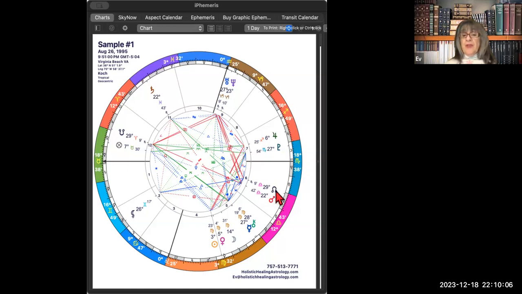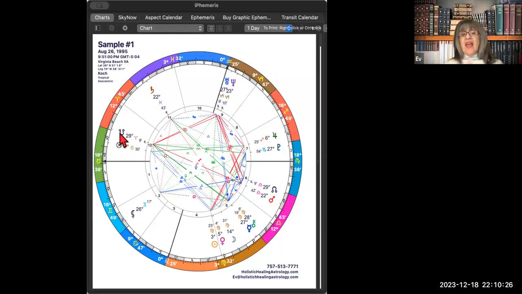This is the North Node, 29 degrees Libra, 9 minutes. It's retrograde. Most nodes are retrograde, by the way. And opposite of that, this has to do with your purpose in life. Why are you here?